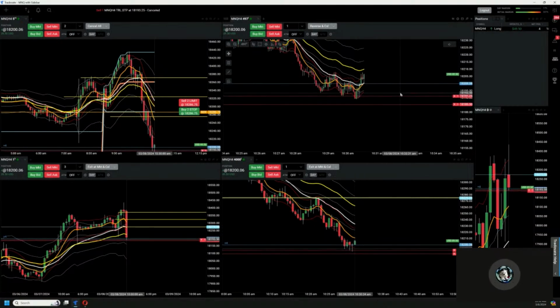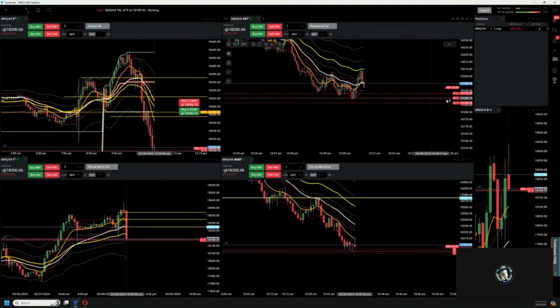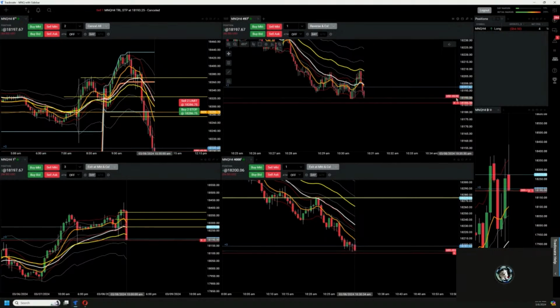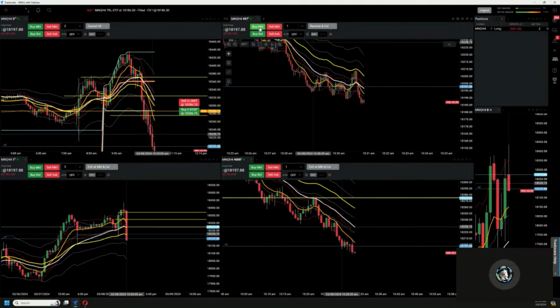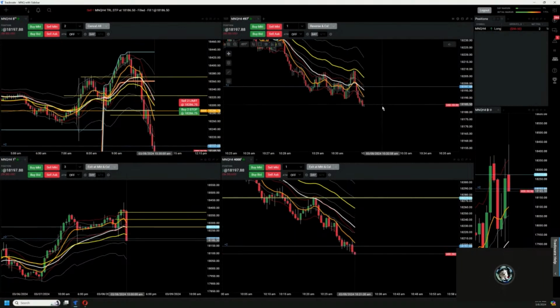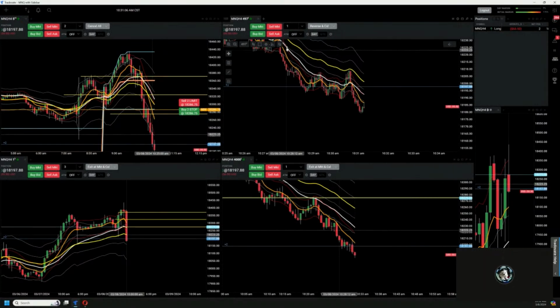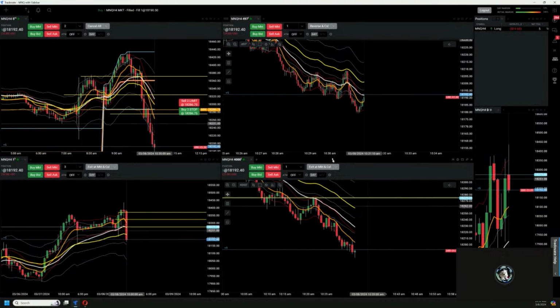Really playing the level of the previous VWAP as a reaction zone. Yeah, I was looking at that previous day opening range low, which is just a little bit lower. Stop filled. Back. Order filled. Order filled.